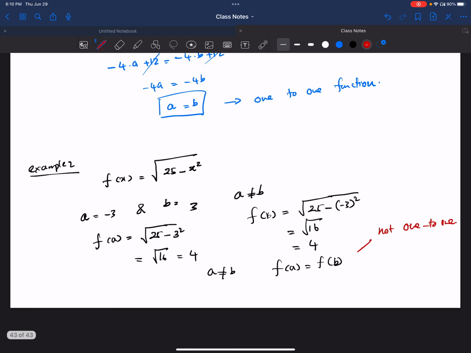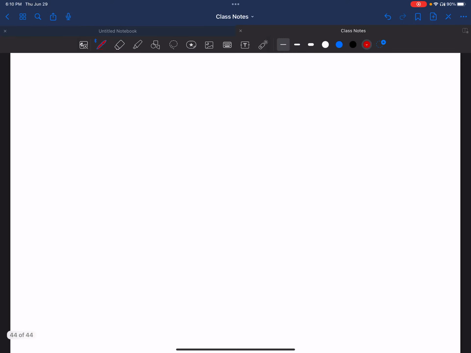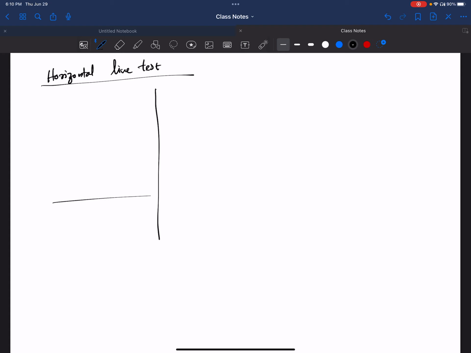There's another way of identifying a one-to-one function. That's a graphical method, which is called the horizontal line test. What we do is we draw a graph of the function.